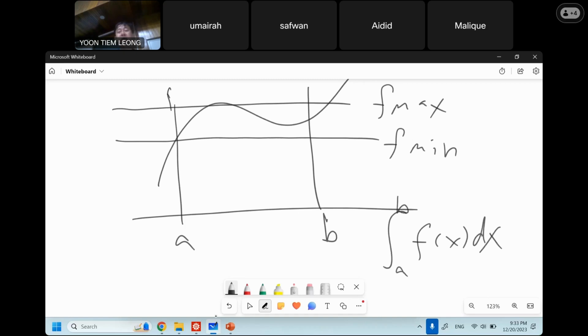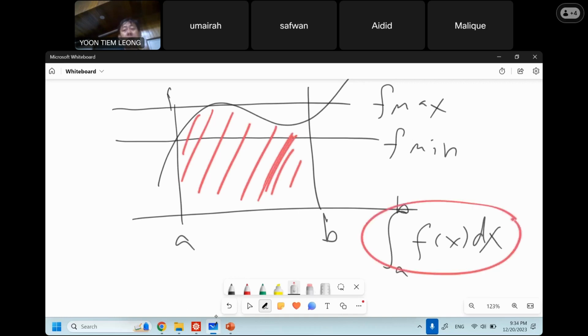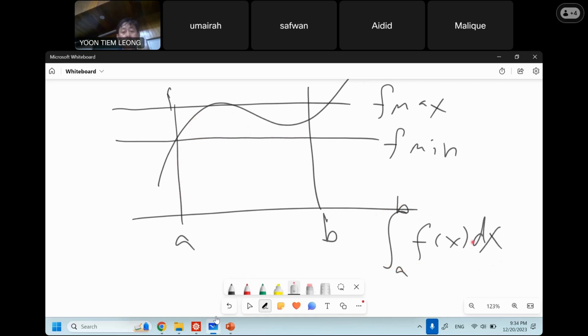you take the definite integral between a and b, and its value can be roughly understood to be equal to the area under the curve of this function. This can be understood to be the area under the curve by assuming that f is always positive. Then can you see quite easily that the area under the curve is always less than the larger box, but always larger than the smaller box?